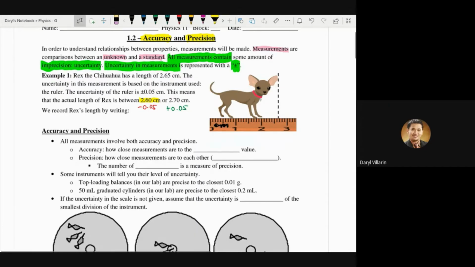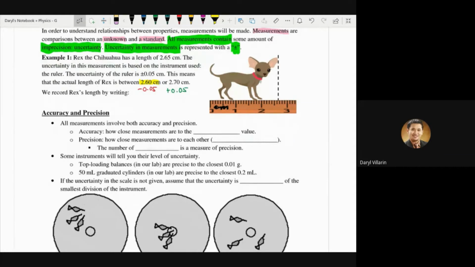So how do we define accuracy and precision? When we say accuracy, you're pertaining to how close the measurements are to the accepted value. Accepted value means, for example, the values that we can see in tables.